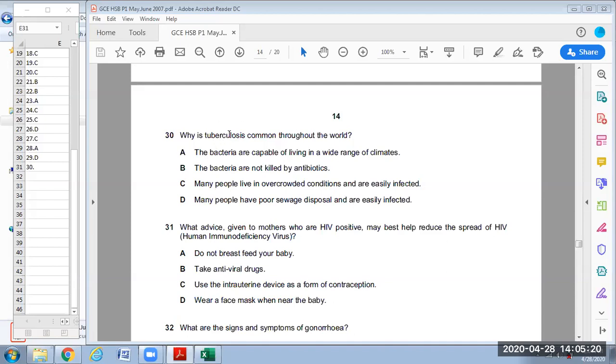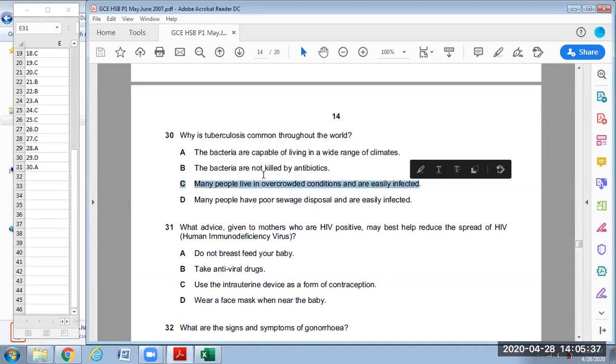But this disease, this bacteria, can live in all kinds of climates. Warm, cold. So A is the best. Now I can see why you all chose C, but you have to think of areas in poor countries that are very dismal. You have a neighbor here and a neighbor quite down the road, and still it has tuberculosis. And then you have places like China, the streets crowded, still have. The point is why this bacteria is so common is because it can live in different climates, tropical and temperate.